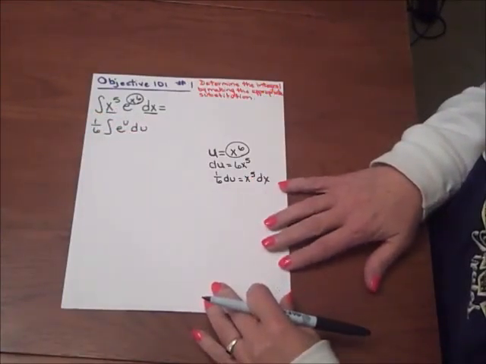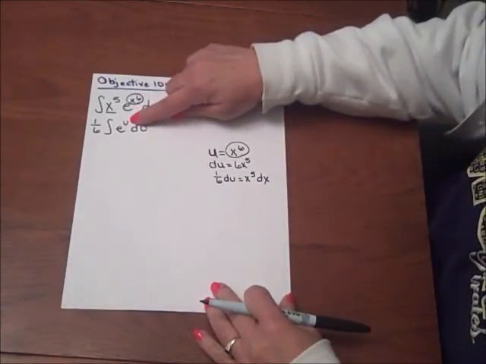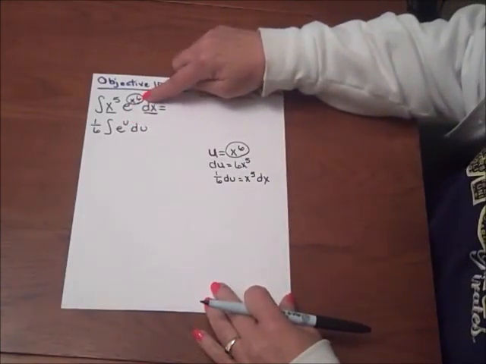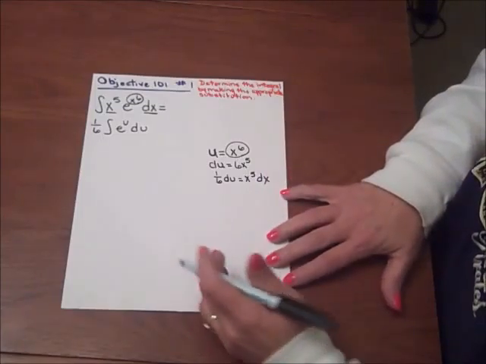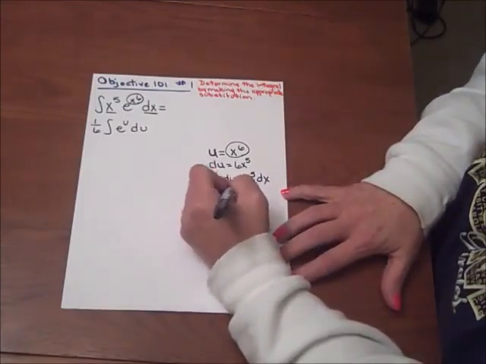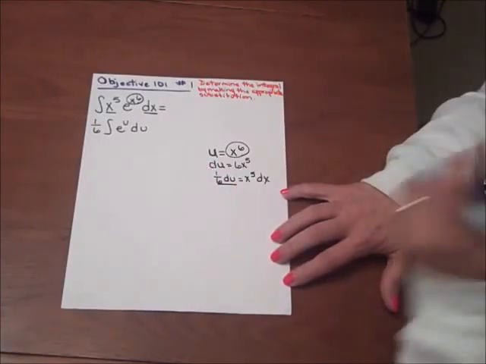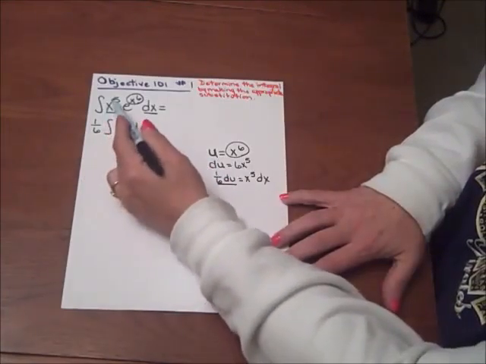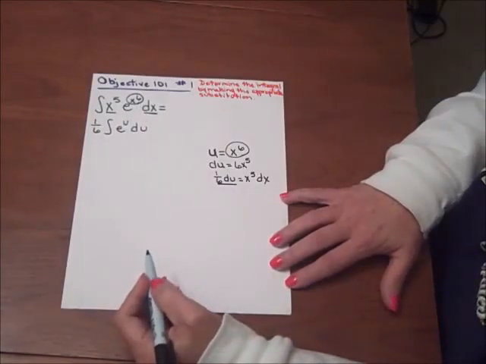So e to the u, replacing x to the 6th with our u, e to the u, du, and that comes from over here. We have to substitute 1/6 du for the x to the 5th dx.